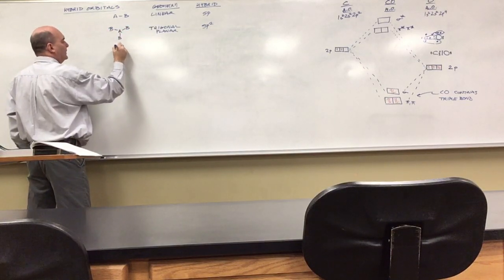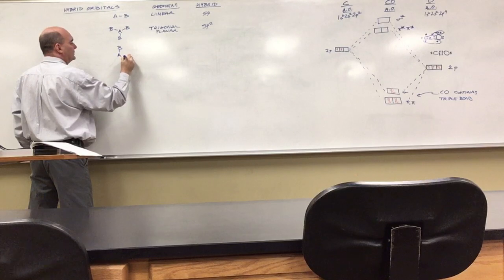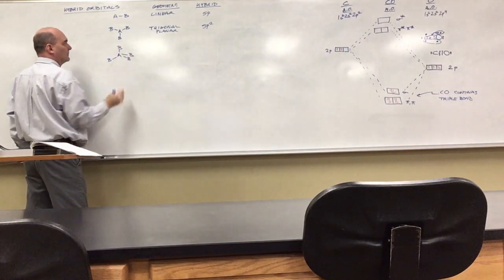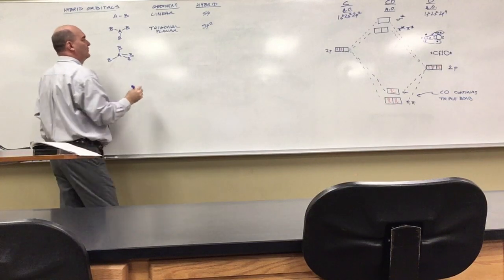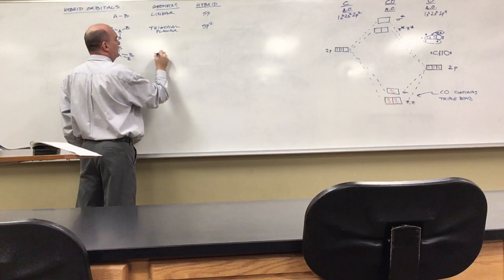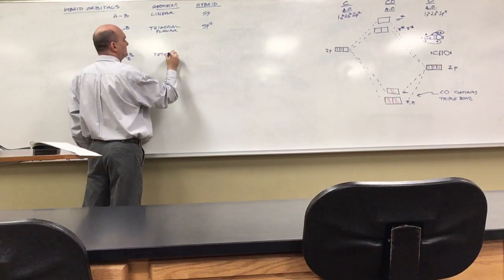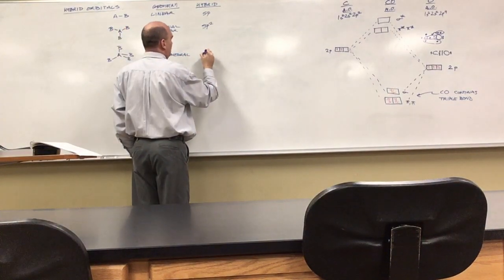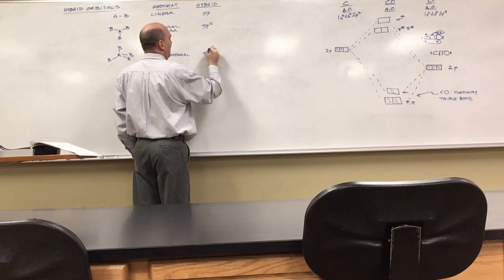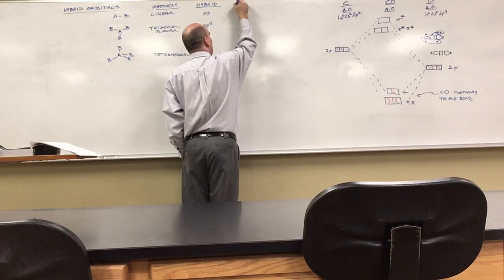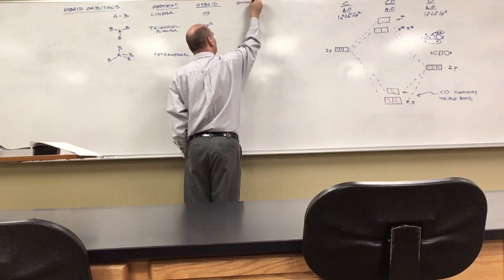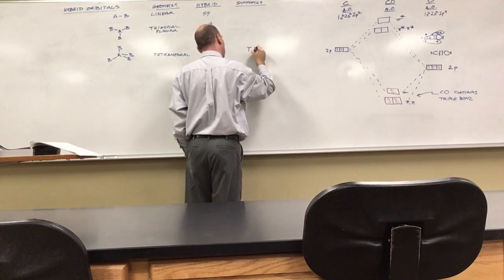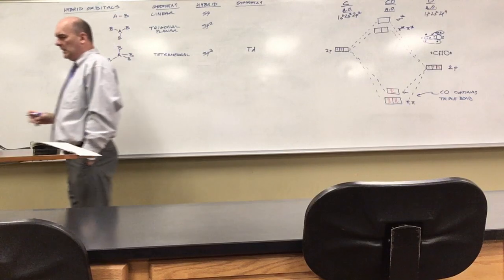And then if I had 4 bonds around a central atom, that would be tetrahedral. And we would call that sp3. I'm also now going to start to introduce a little bit of a symmetry label we call tetrahedral TD.